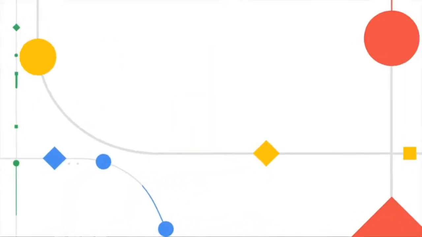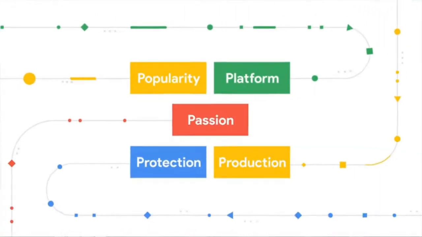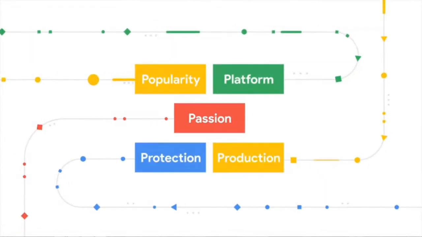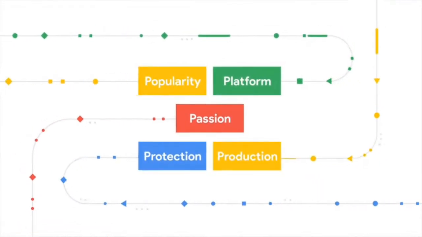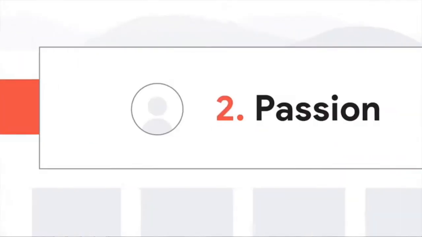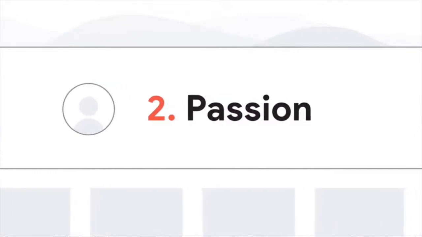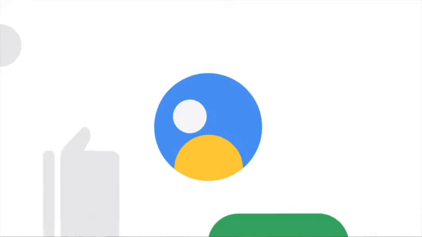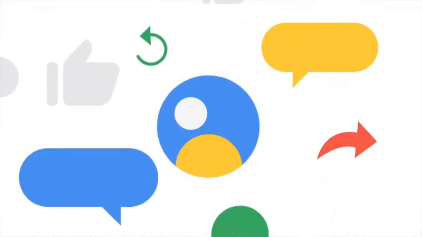P-score is a more advanced proprietary algorithm designed to deliver robust channel selection improvements via an array of these 5 sophisticated signals. Popularity is driven by watch time, a proprietary metric that reveals repeat engaged viewership. Passion is based on how engaged an audience is with a channel. It uses several different kinds of signals to understand how often users interact with content.